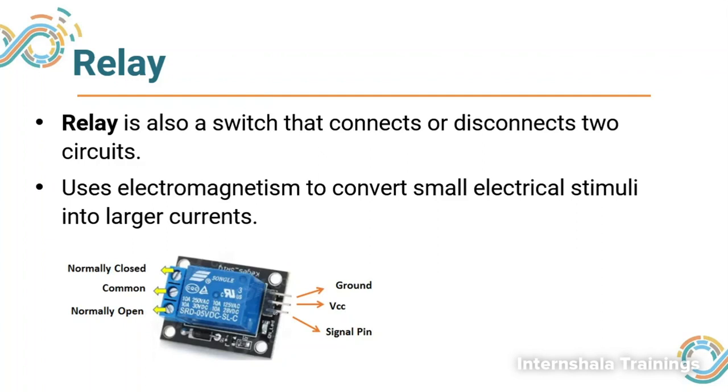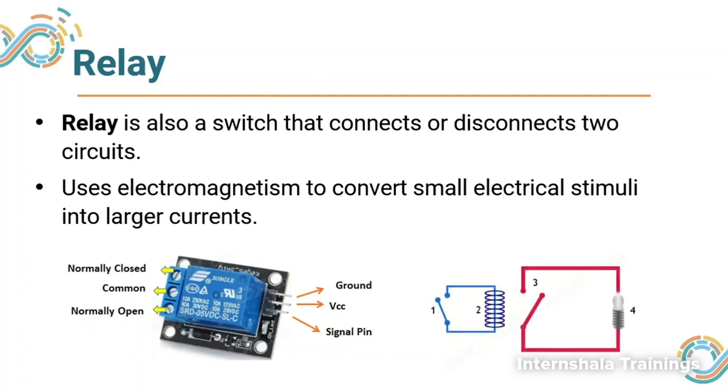Let us talk about the right side pins first. Here I have ground, VCC and a small signal. So this is my small circuit. Here you can see the blue colored circuit, which is my small circuit. I need to give ground and VCC, and now if the signal is high, then the switch at position 1 is closed. As soon as you close this switch, the electromagnet is created, and that magnet is going to pull the switch at pin number 3.